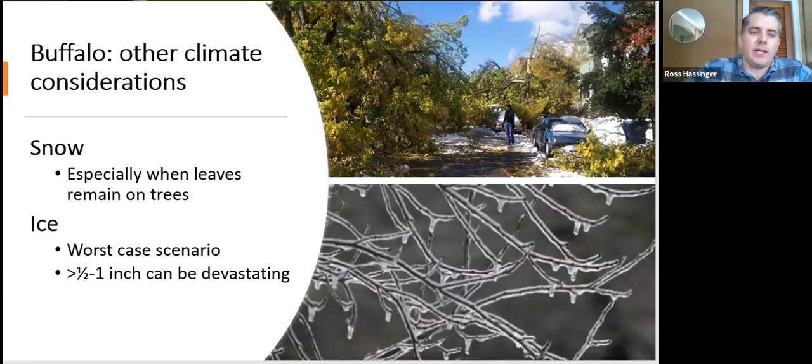The Buffalo region had a mid-October surprise snowstorm in 2006 that dumped like 3 feet of snow with many trees still in leaf. This resulted in approximately 30,000 trees lost. It was pretty bad.